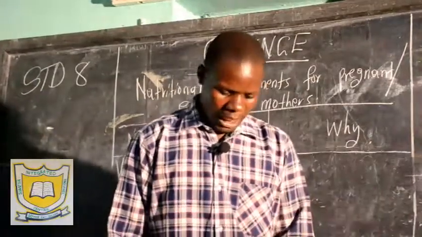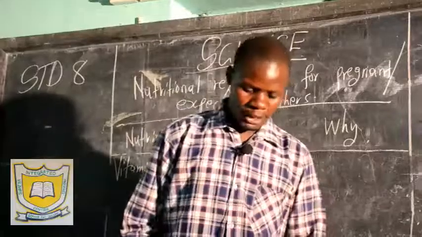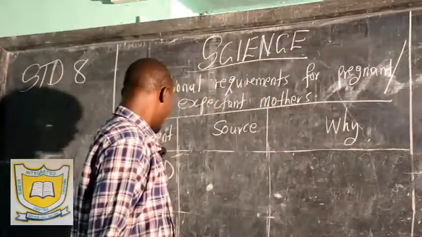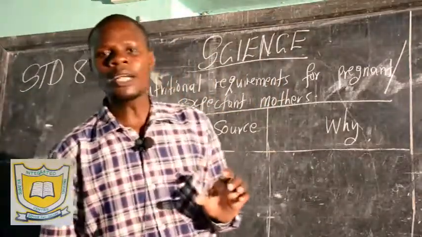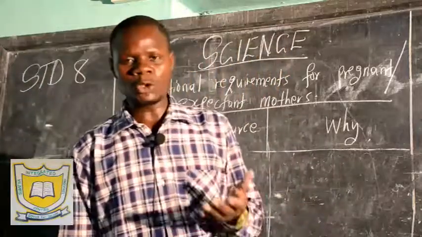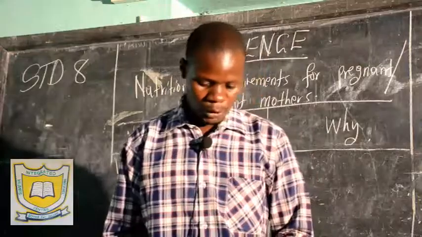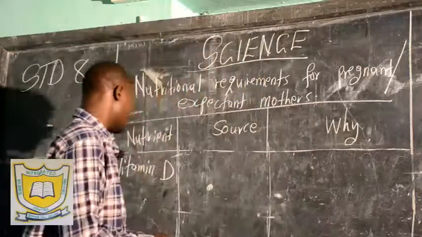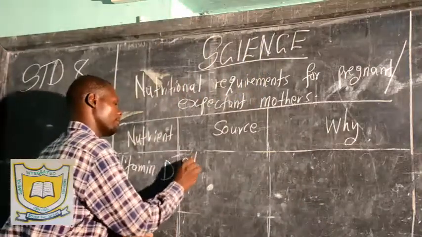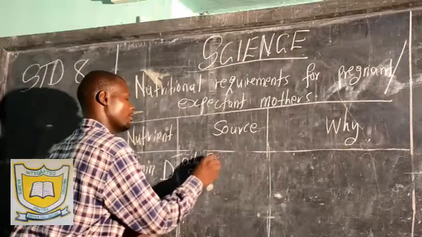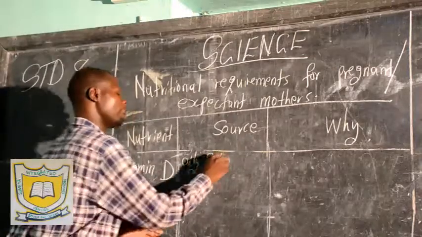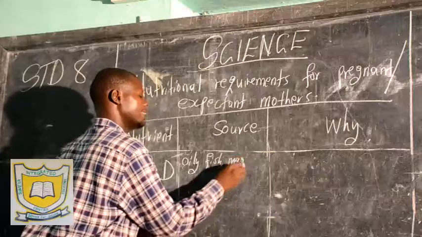Let us first of all talk about the sources. What are some of the sources of vitamin D? What are some of the foods that should be eaten to supply vitamin D to the body? We have oily fish. We have margarine.